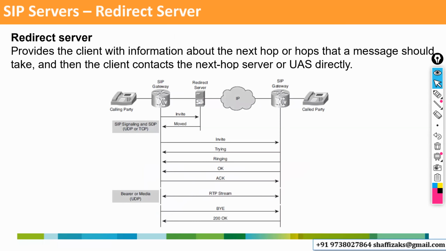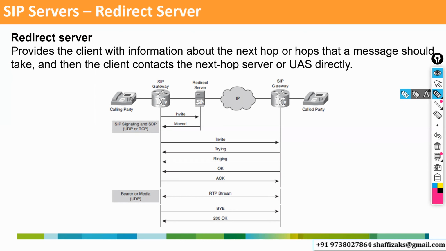Next is the redirect server. Do you know the concept of call forwarding? It redirects, and similarly it works here. Say this is my calling side and this is the destination.